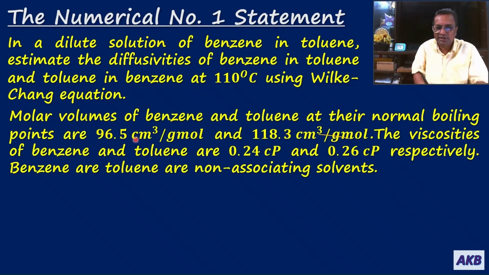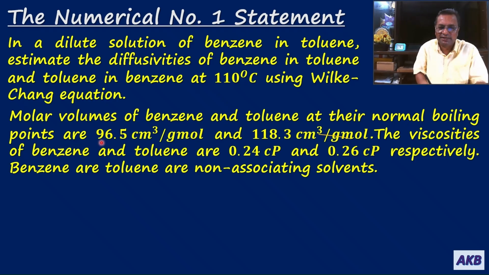So in the first numerical, we are dealing with a dilute solution of benzene in toluene. For this solution, we have to estimate the diffusivities, that is diffusion coefficients, of benzene in toluene and toluene in benzene at 110 degrees Celsius using the Wilke-Chang equation. The molar volumes of benzene and toluene at their normal boiling points are given to us.